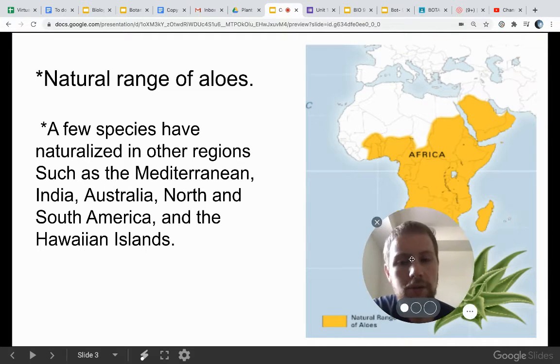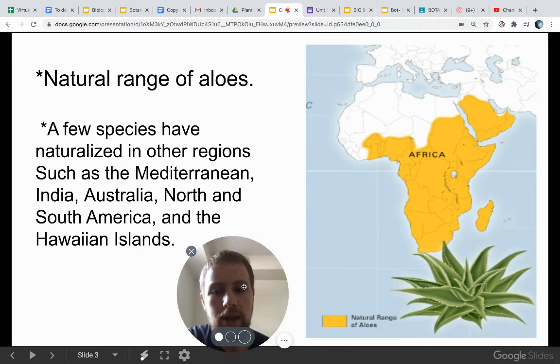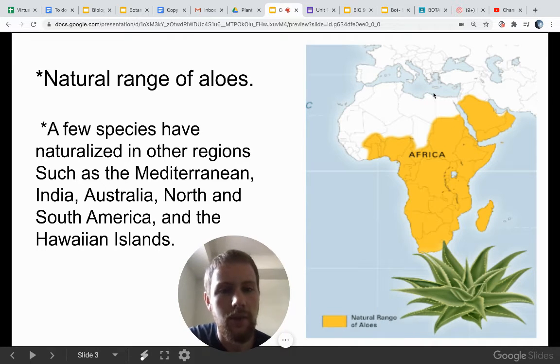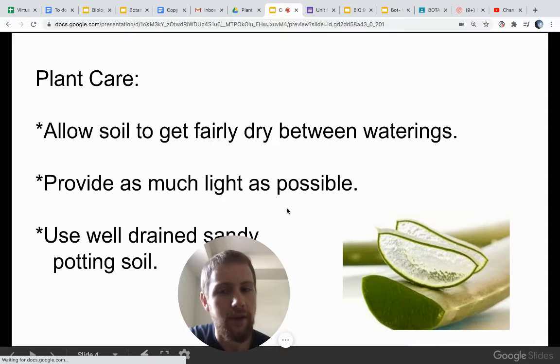But a few species of aloe have naturalized and been found in other regions like the Mediterranean, so around Southern Europe, the Italy and Greece region, and Australia. They can also be found now in North and South America, like, I believe, in the Sonoran Desert of Arizona. And in the Hawaiian Islands, they can sometimes also be found. But their natural range is the Middle East and Central to Southern Africa.